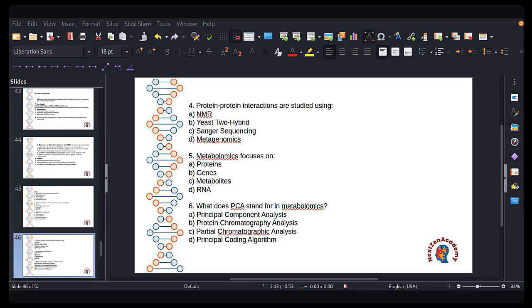Question number 6. What does PCA stand for in metabolomics? Khushi, what happened to you? PCA stands for Principal Component Analysis.